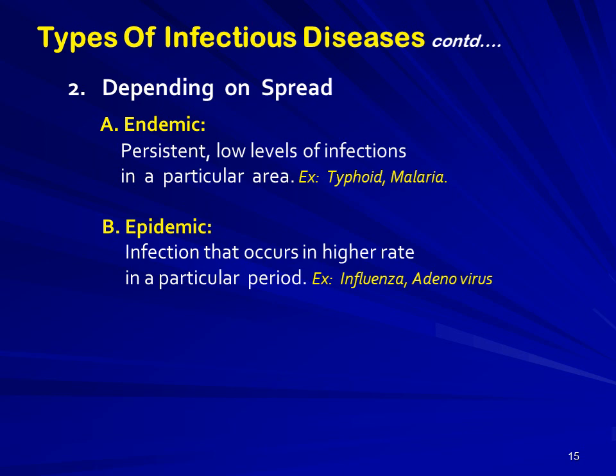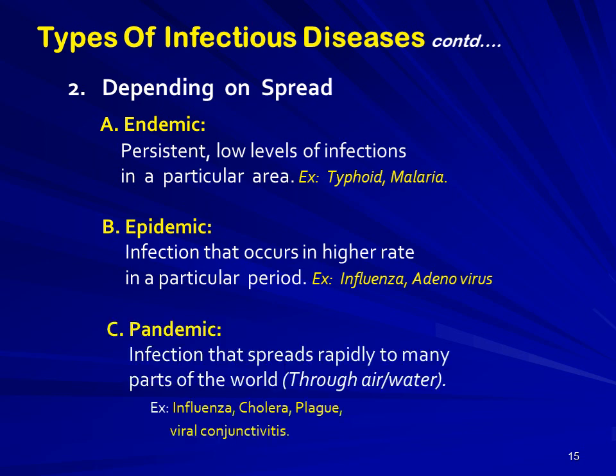Say for example, if you take November, December, or January, you can see many cases of common cold produced by either adenovirus or other respiratory viral infections. That is known as epidemic. So infection occurring at a higher rate in a particular period is known as epidemic disease.